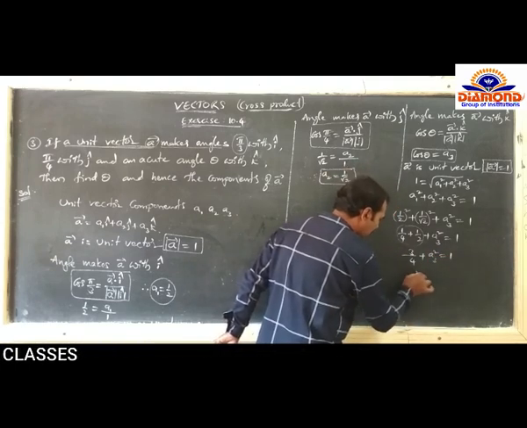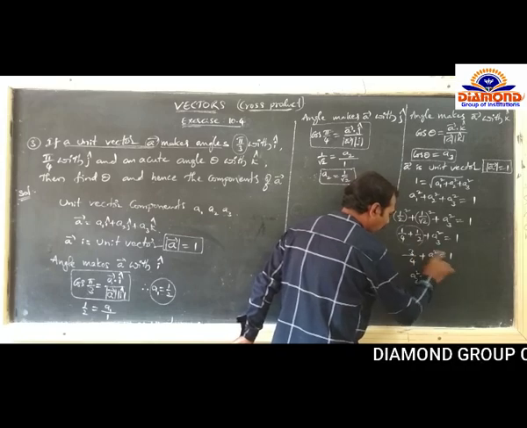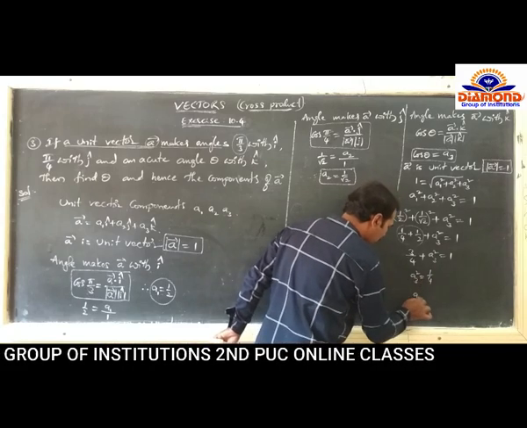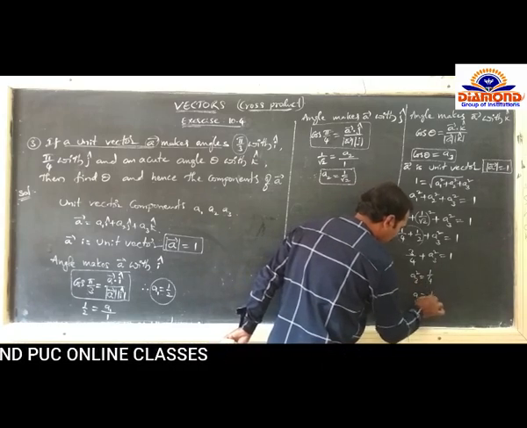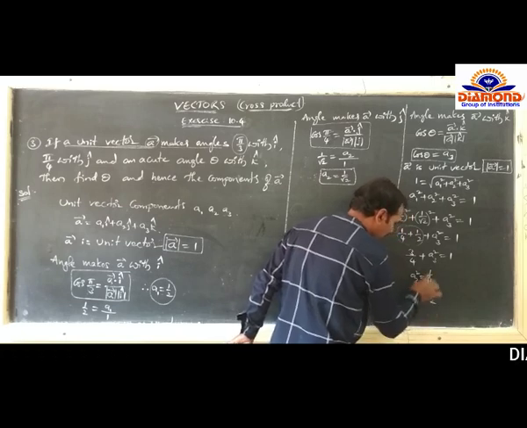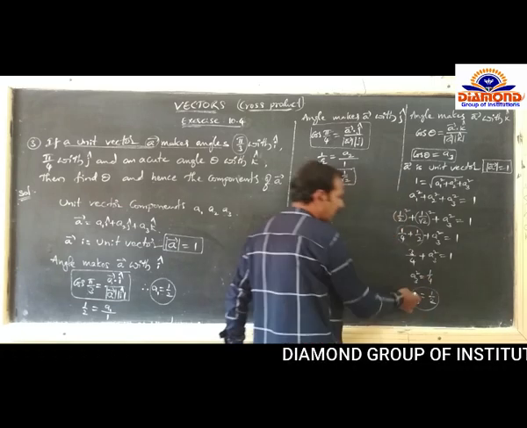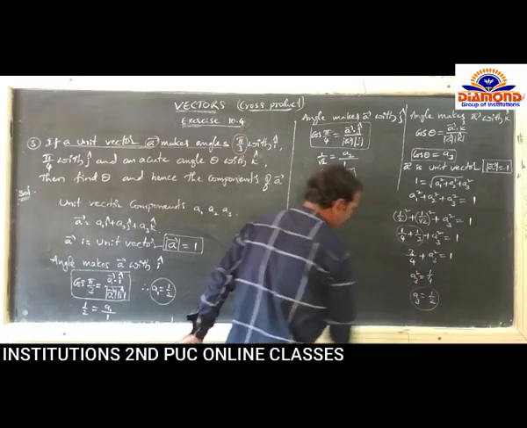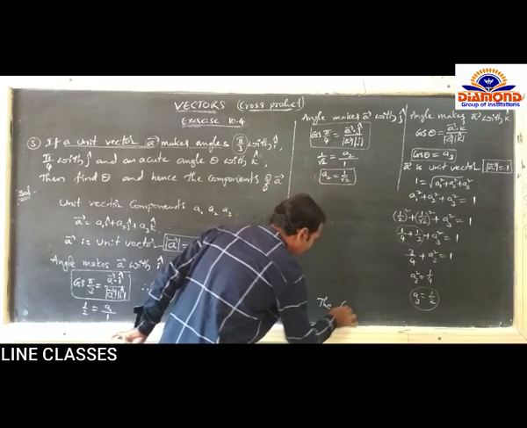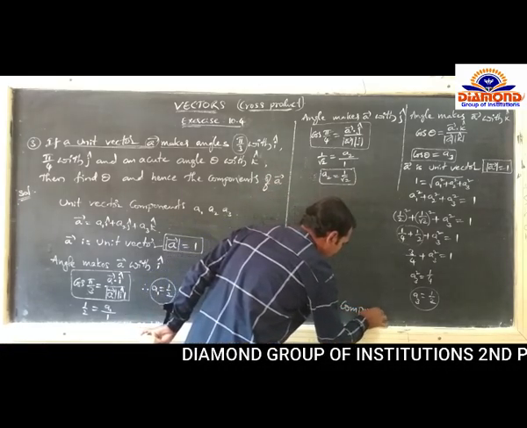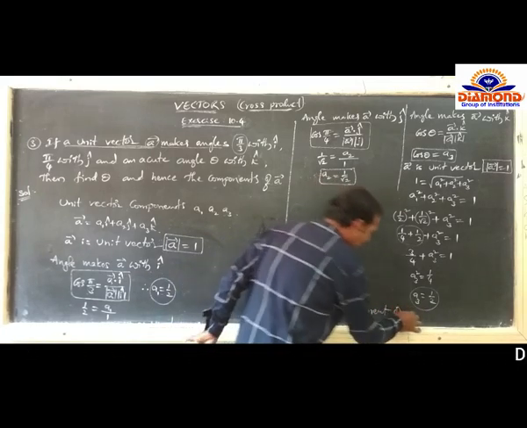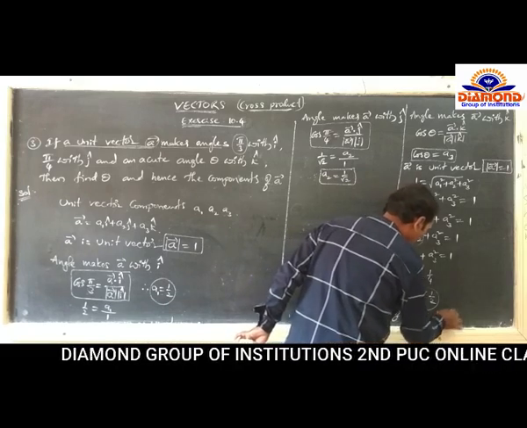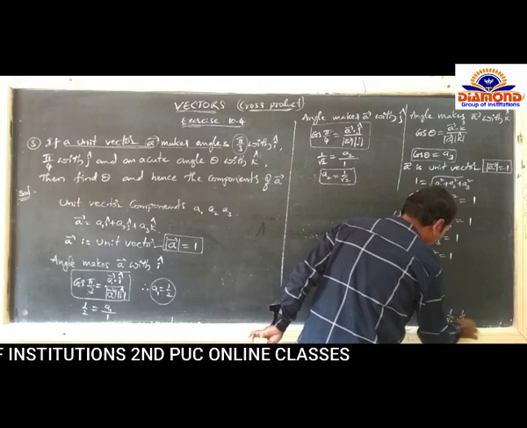So a3 square equals 1 minus 3 by 4, equals 1 by 4. A3 equals the square root of 1 by 4, which is 1 by 2. So the a3 component value is 1 by 2. So the components of vector a are 1 by 2, 1 by root 2 and 1 by 2.